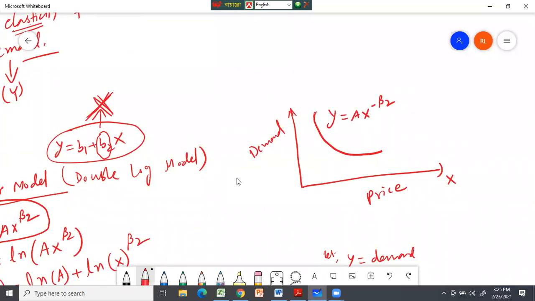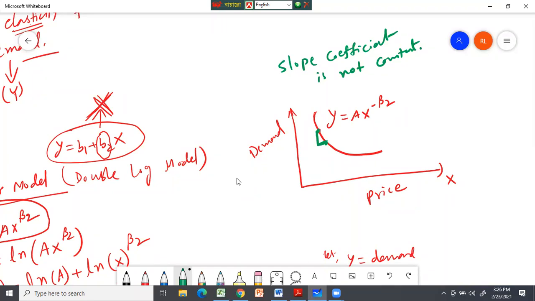And in this curve, from one point to another point, if you measure the distance, which is known as the slope, this slope coefficient is not constant. Because if it were a constant slope coefficient, then we could set this model as a normal linear regression model.